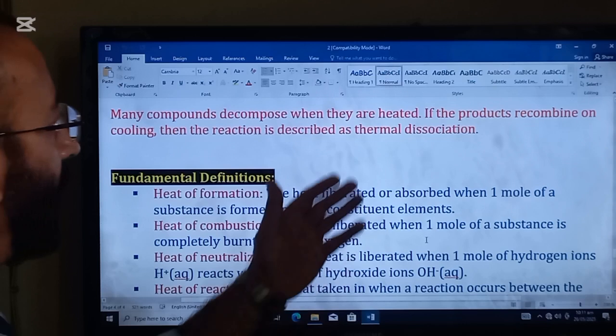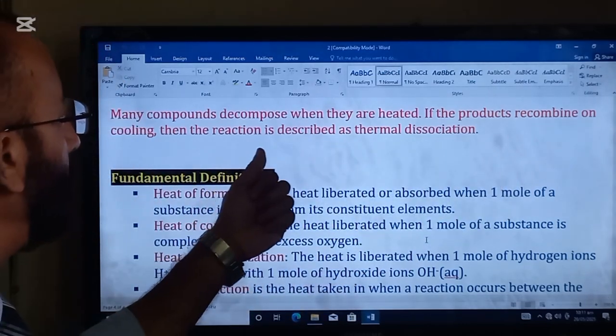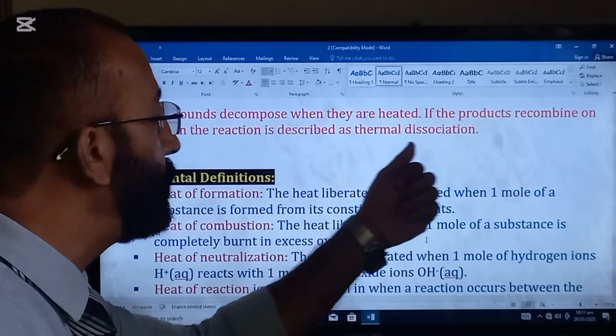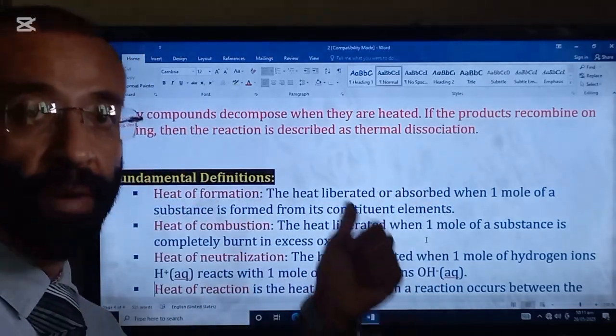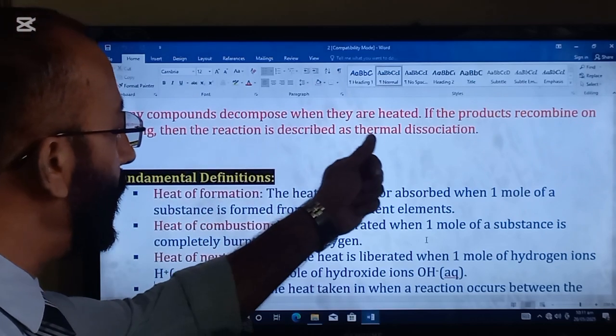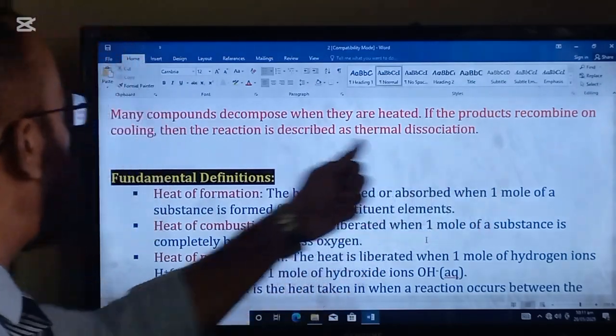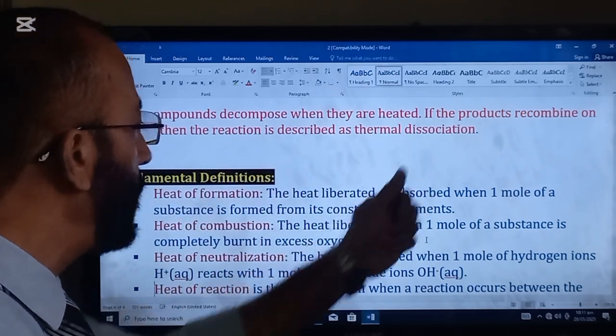If the products recombine on cooling, then the reaction is described as thermal dissociation. This is the definition of thermal dissociation, a very important definition.